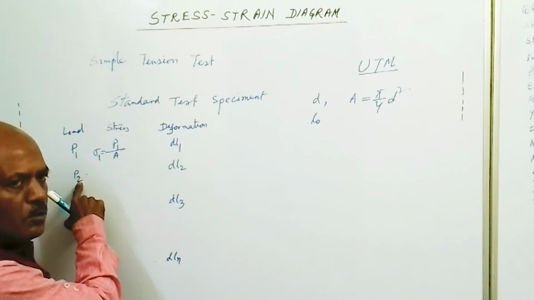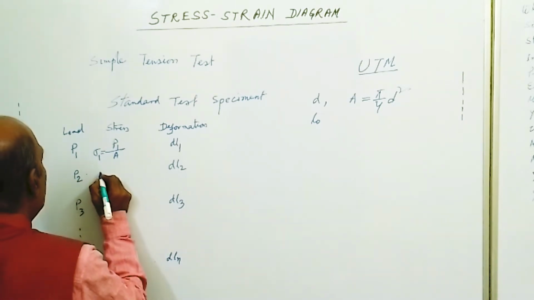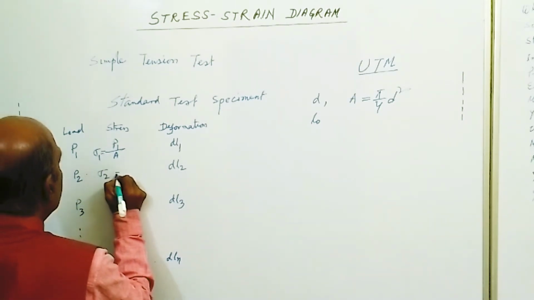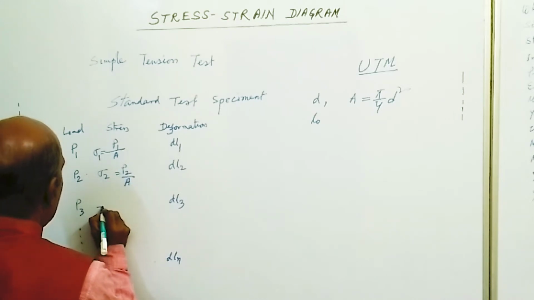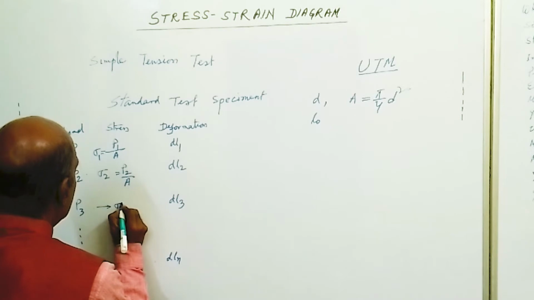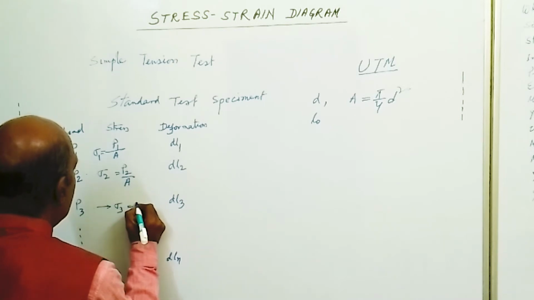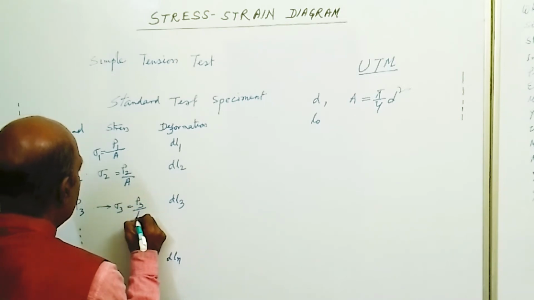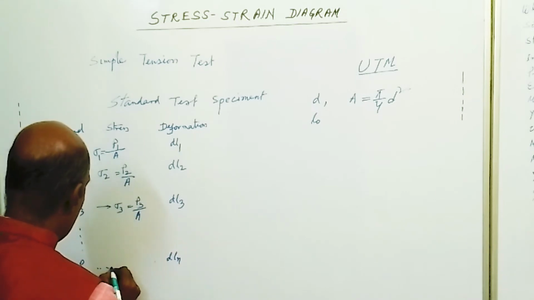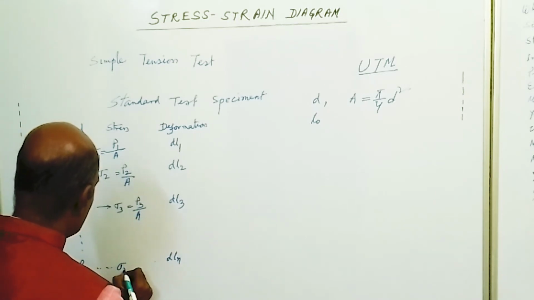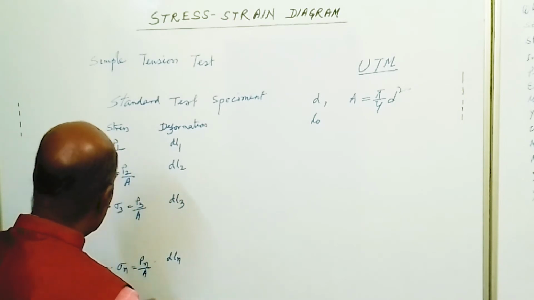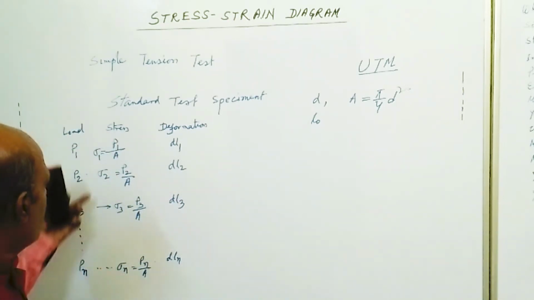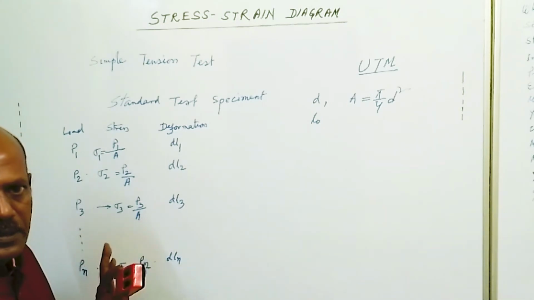Similarly at loading point P2, sigma 2 is equal to P2 by A, at loading point P3, sigma 3 is equal to P3 by A, and at last sigma n is equal to Pn by A. So at various loading points we have calculated the stress developed.